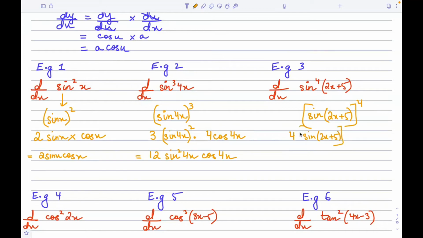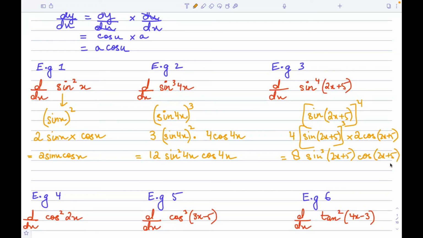The power decreases by 1, so this will become a 3 up here, and the derivative of the function inside the bracket, sine 2x plus 5, will become 2 cos of 2x plus 5. So we can simplify it down to 8 sine cubed of 2x plus 5 multiplied by cos of 2x plus 5.